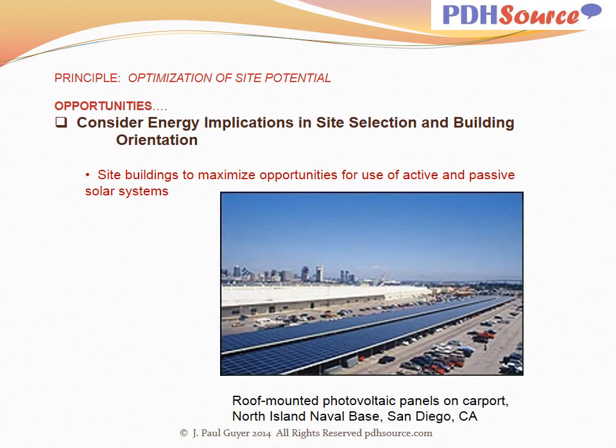This is an example of taking advantage of the energy implications in a site in a kind of an industrial environment, one where there is obviously a lot of employee parking. So you have a big parking lot, and the cars sit out there and they get hot during the day.